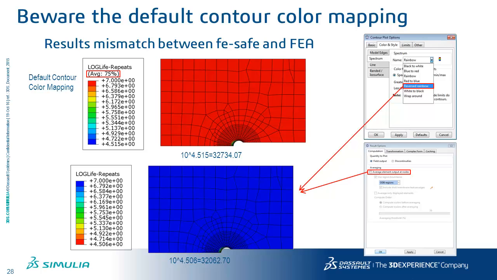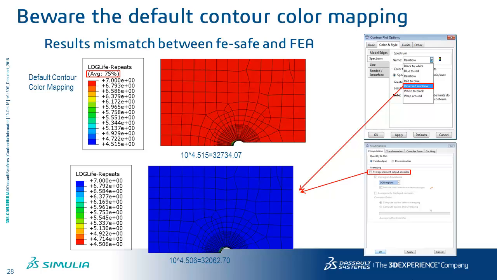No matter what kind of viewer or post-processor you're using, you may have some averaging scheme built into those post-processing tools. Abaqus Viewer is also by default averaging the nodal values so that you have a smooth, continuous contour distribution. By doing that averaging, we are changing the minimum value.